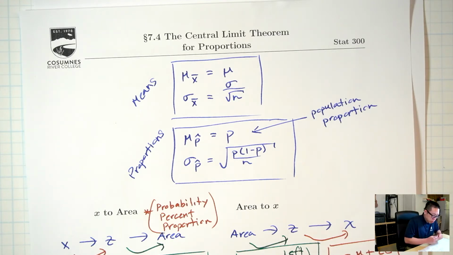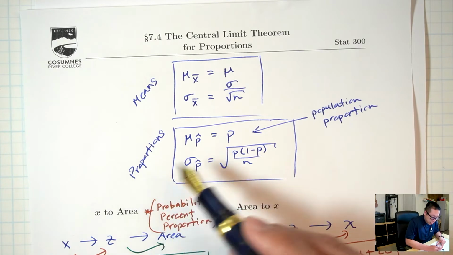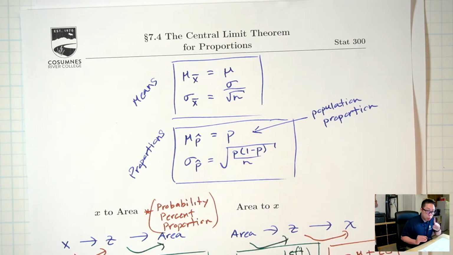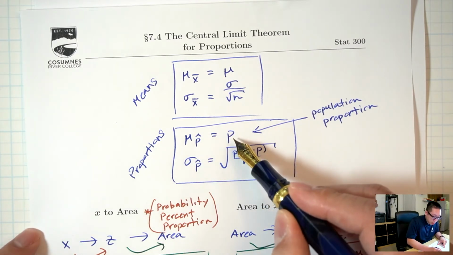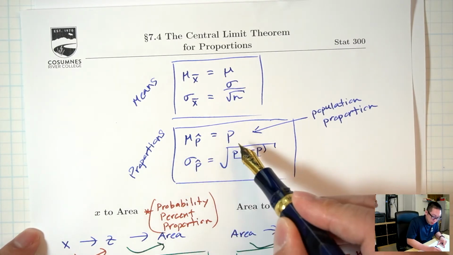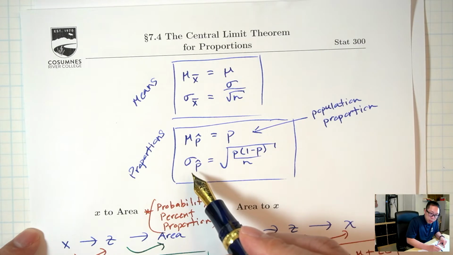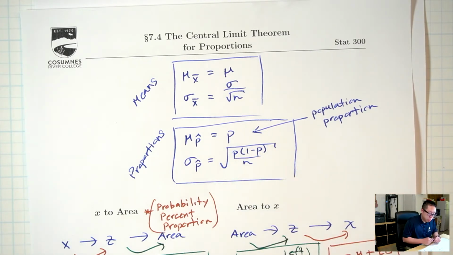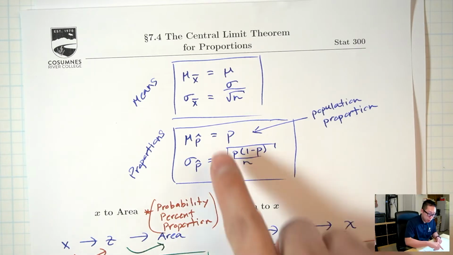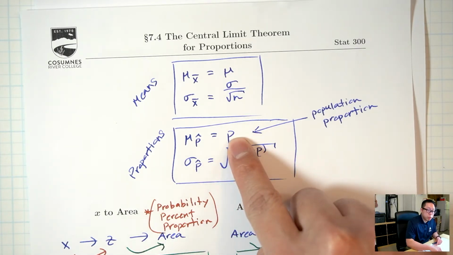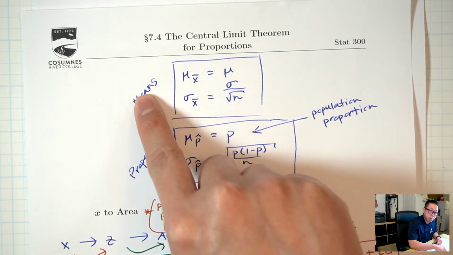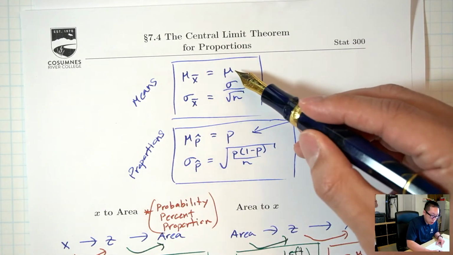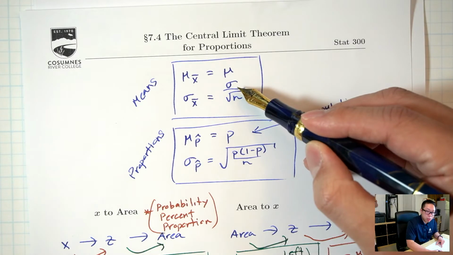In the proportion situation, we're estimating the population proportion. And that's it. That's one thing, right? Once we have the population proportion, that tells us the mean, and it also tells us the standard deviation using this big square root formula. So in the proportion situation, we're only estimating one thing, the population proportion, which is different than the mean situation. In the mean situation, we're estimating the population mean, but also the population standard deviation.